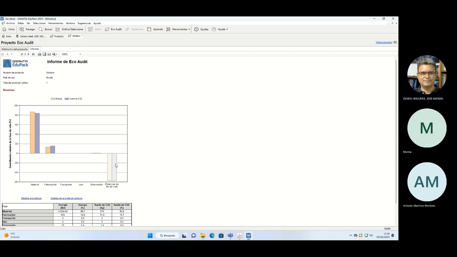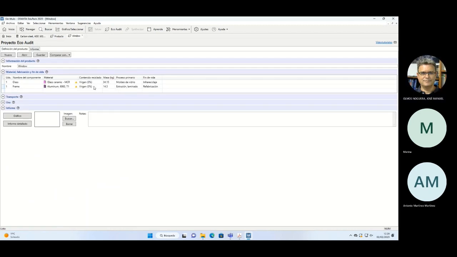Okay, but what if we are not only willing to do something, but we are actually doing something? The material should be chosen like that. We can include recycled material. Right. So, for instance, in this aluminum, we can write a number like 25.